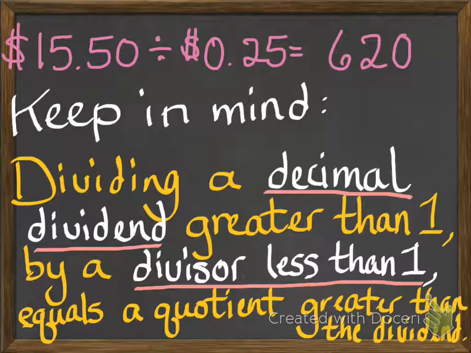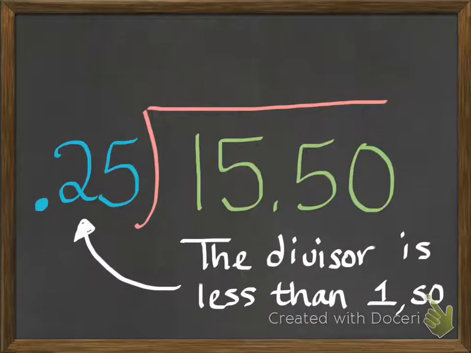This one's going to help us with division with decimals, is that when we divide a decimal dividend, that means the dividend is a decimal that is greater than 1, by a divisor that's less than 1, it's going to equal a quotient greater than the dividend. Now that's kind of confusing, so I drew it out for you.